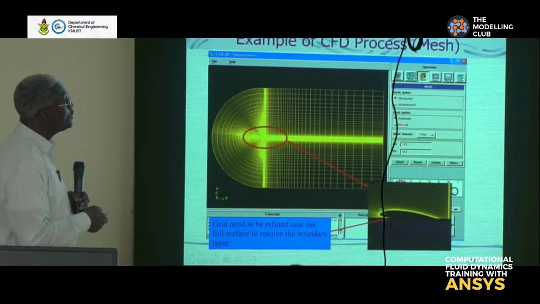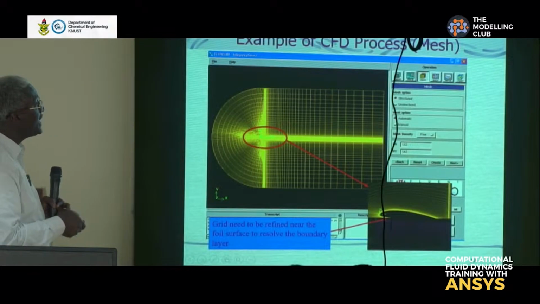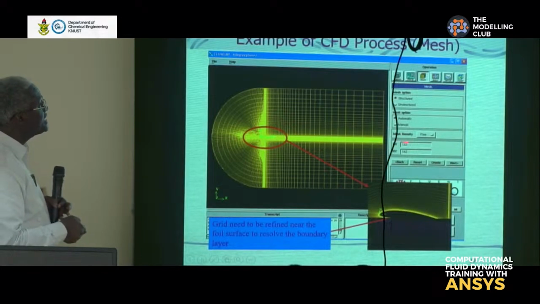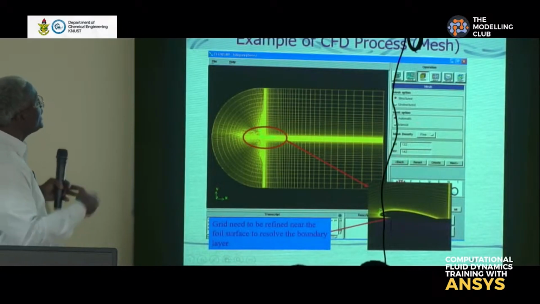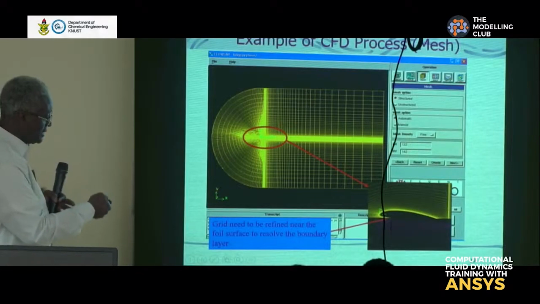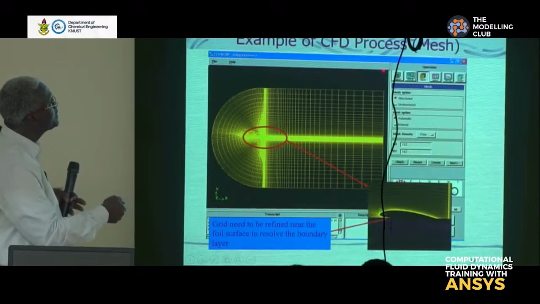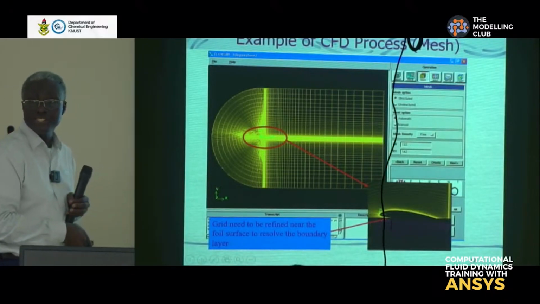Manual means you're going to specify your delta X and your delta Y, that is your desired values. Then you specify your mesh density and so forth. Each CFD software has its own icon panels for the various phases of the implementation.